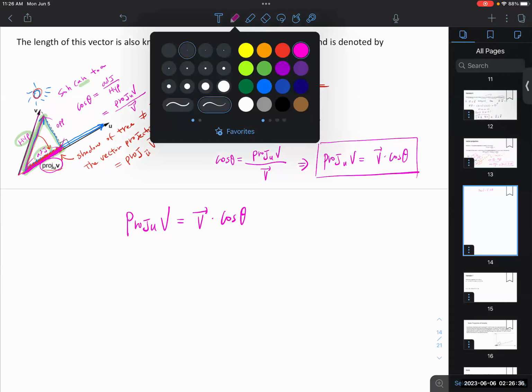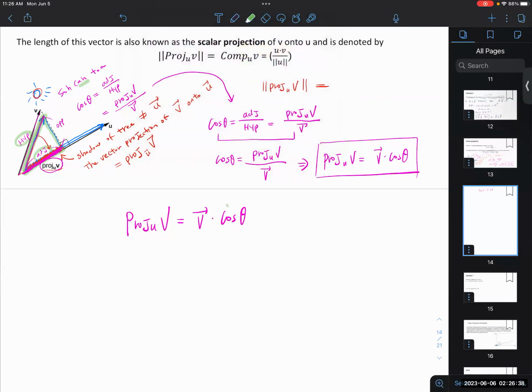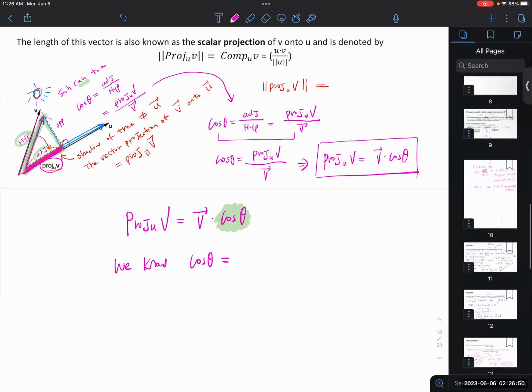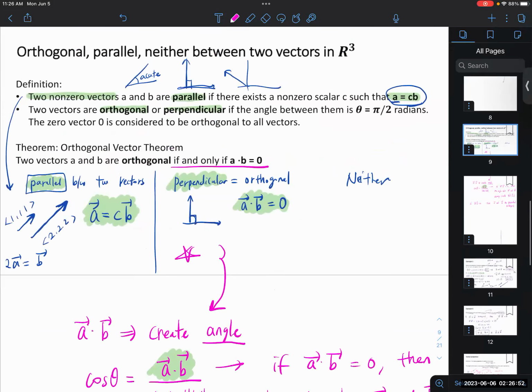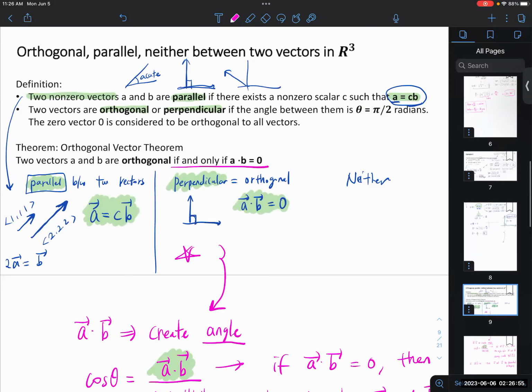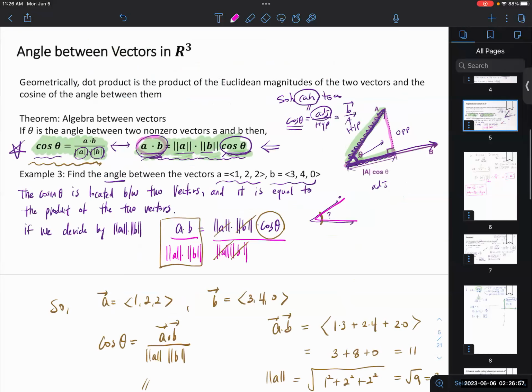Now I've highlighted this part, cosine theta. What happened? We already know cosine theta, you can use the formula. We just talked about the angle between two vectors right there, all the way up here.